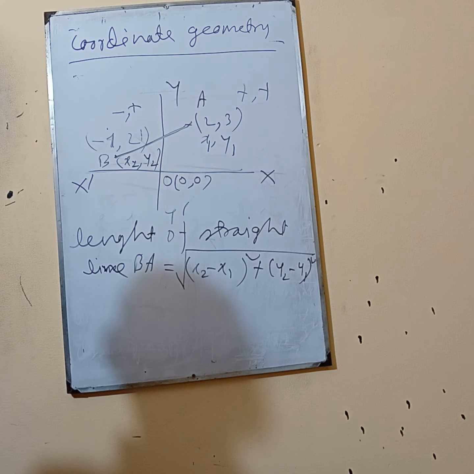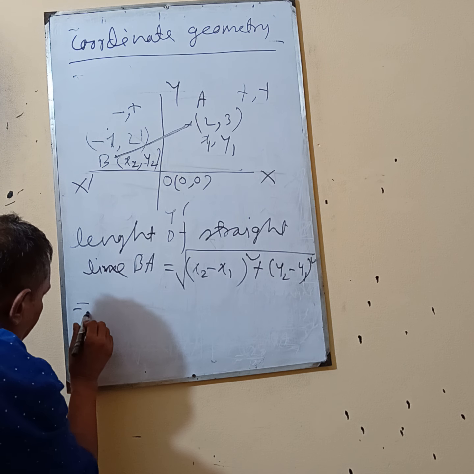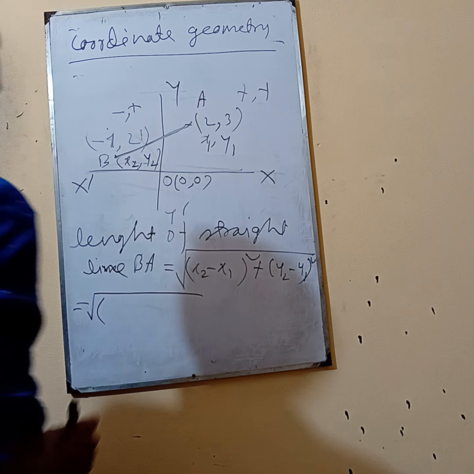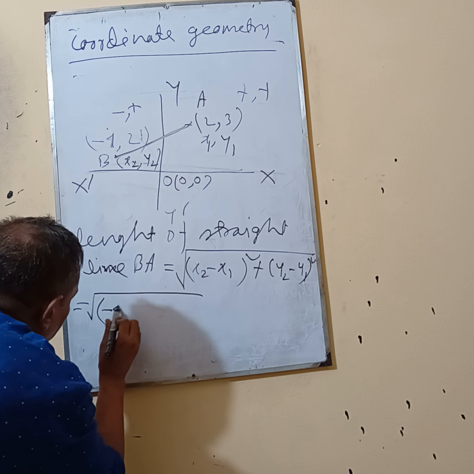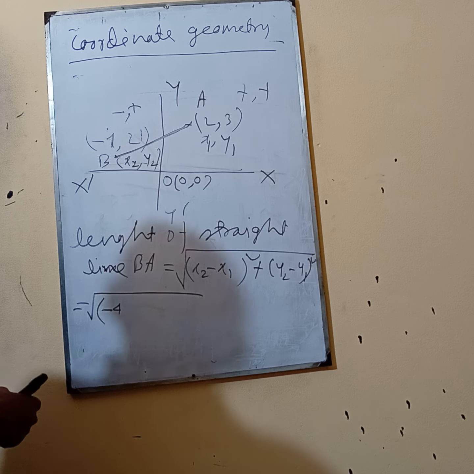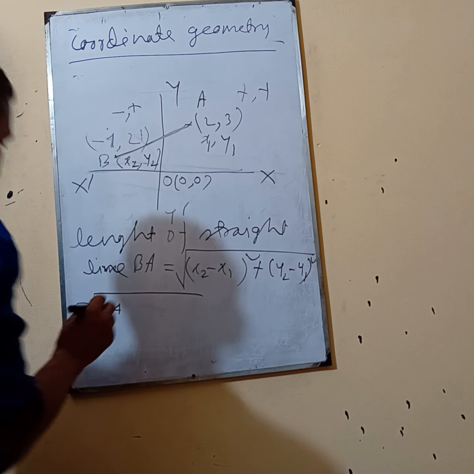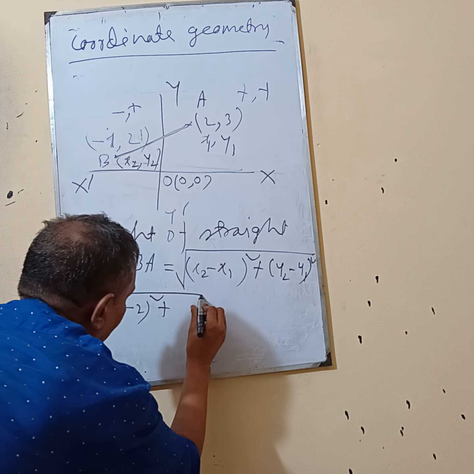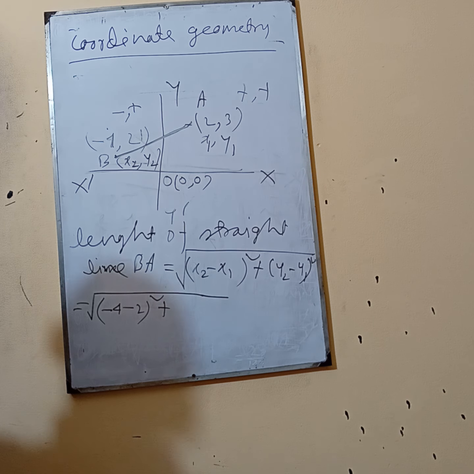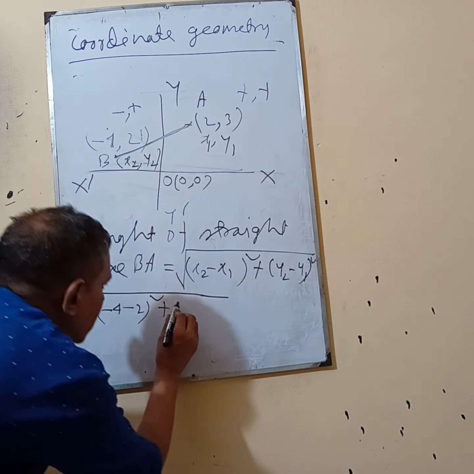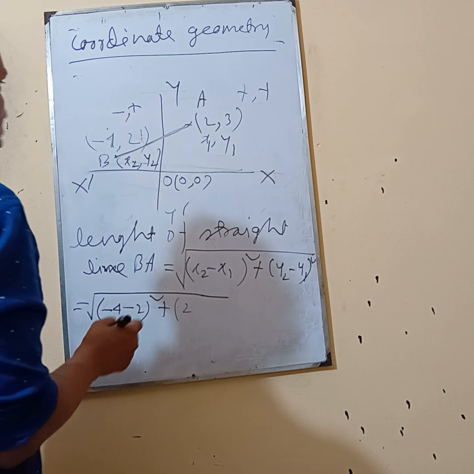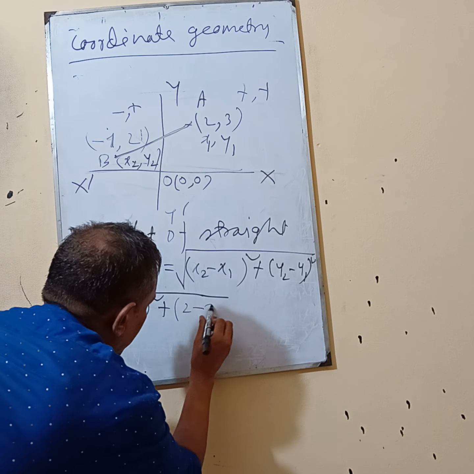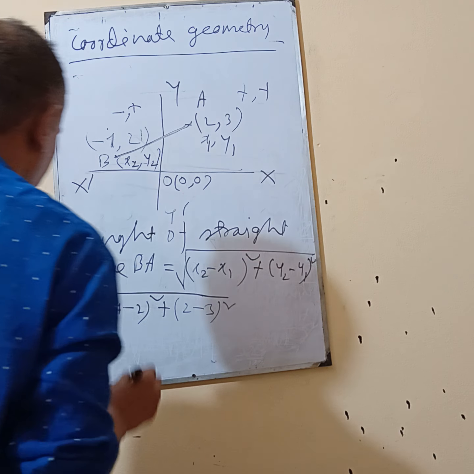Okay, now calculation. x2 is minus 4, and x1 is 2, whole square. And then y2 minus y1, which is 3, whole square.